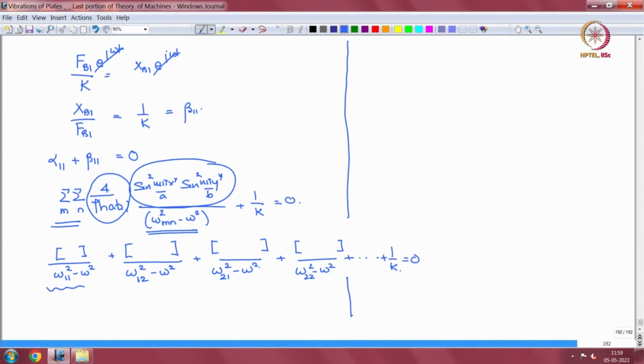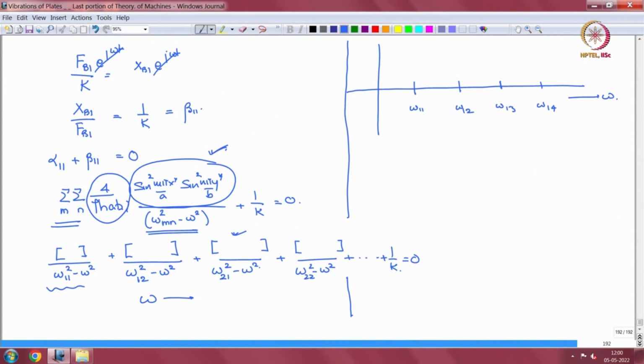Looked at in this manner, what happens when we plot this sum? Let us say this is omega 1 1, this is omega 1 2, this is omega 1 3, this is omega 1 4. The independent axis is omega, I am sweeping the frequency omega.